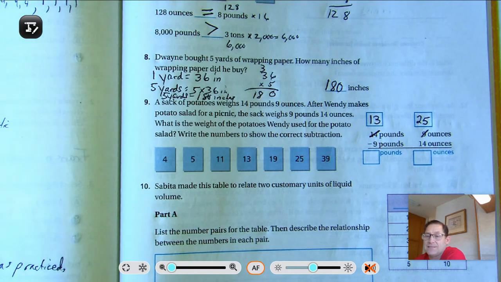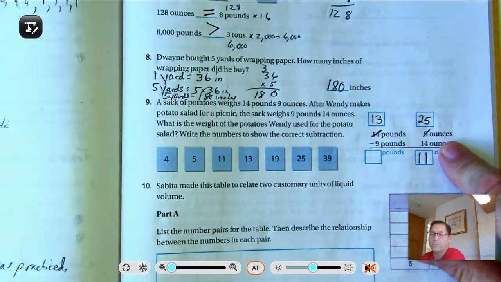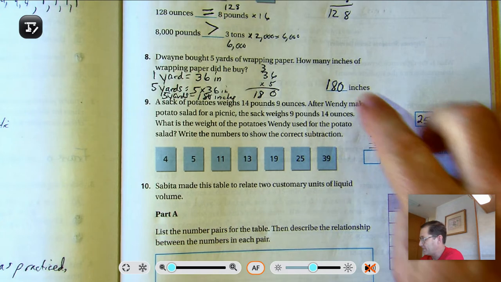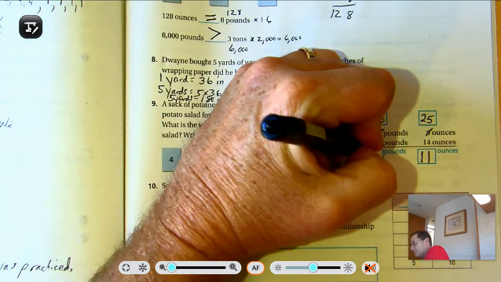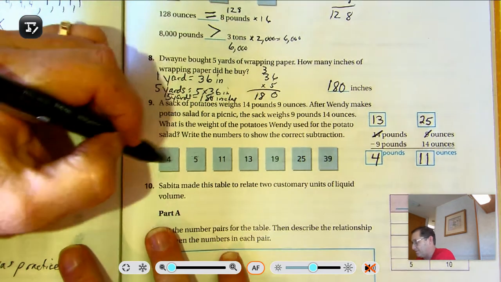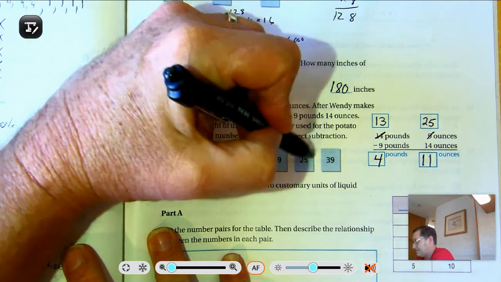So 25 ounces, take away 14 ounces. Okay, I can do that now, right? That's 11. 13 pounds take away 9 pounds, 4 pounds. So we used 4, we used 11, we used 13, and we used 25.